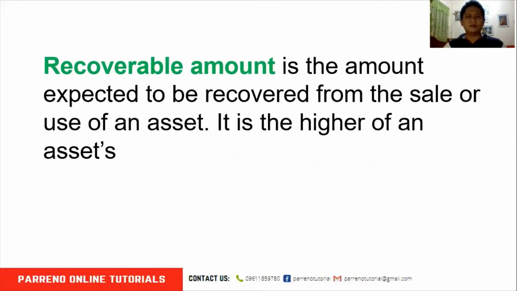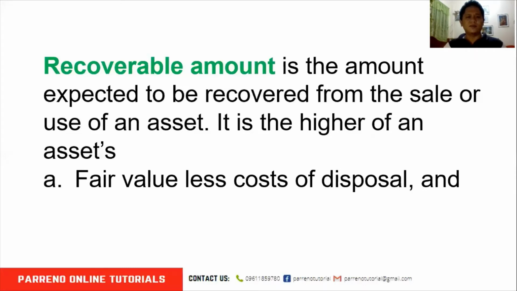Recoverable amount is the amount expected to be recovered from the sale or use of an asset. It is the higher of an asset's fair value less cost of disposal and value in use. In other words, if these two are given, we get the higher value, and that's the recoverable amount.